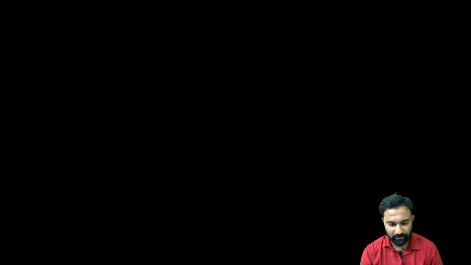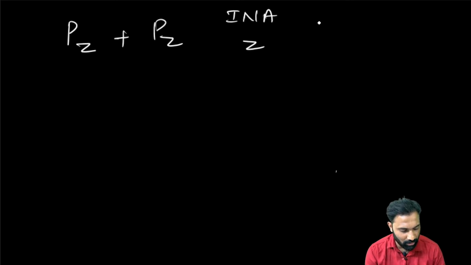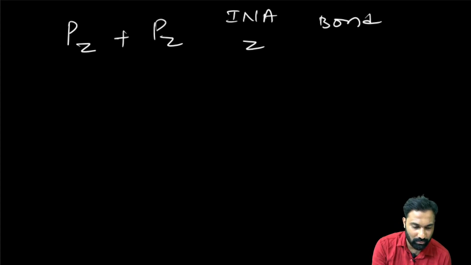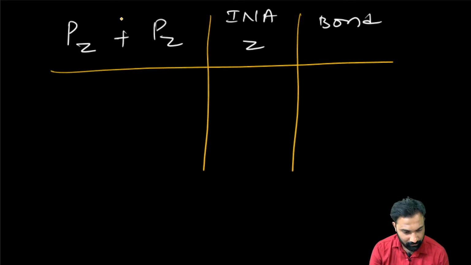Now, let me write some other orbitals. If suppose pz orbital they have given, internuclear axis z, which bond is this? Good.